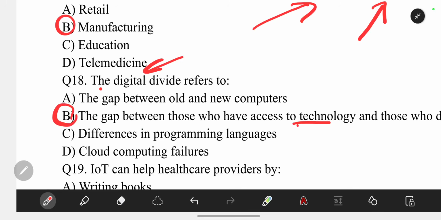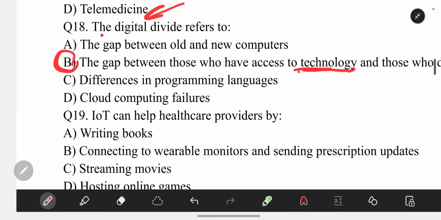This describes the inequality in access to technology and affects education, employment, and social participation. Even in education, this is a factor that affects the quality of education, because not everyone has got the same amount of technology or equipment.